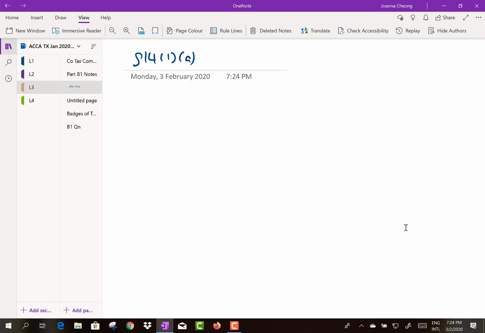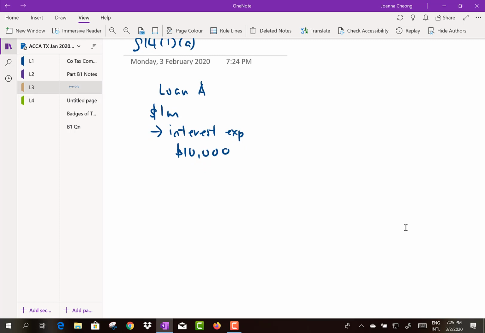Purpose of a loan. Okay, so this is for section 14(1)(a). Let's say you have loan A. All right, you're a company, you borrow loan A, $1 million. And as a result, you incur interest expense of $10,000. Okay. So you borrow this $1 million to buy a machine.